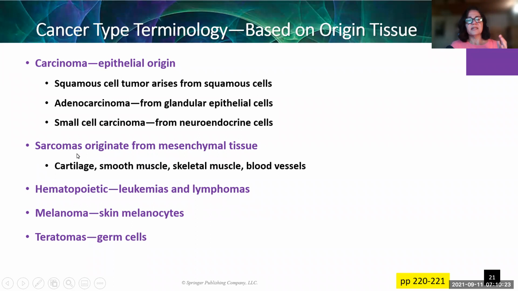Sarcoma means cells from mesenchymal tissue, connective tissues, cartilage, well, actually muscles as well. Blood cancers, melanoma is a specific kind of skin cancer. It arises in the melanocytes. And teratoma, you'll see this. This is germline cells coming from eggs or sperm or even zygotes.